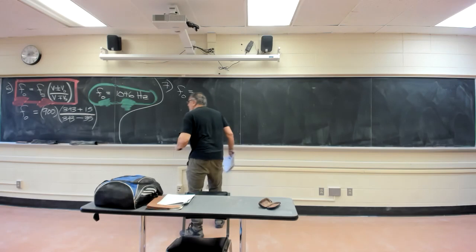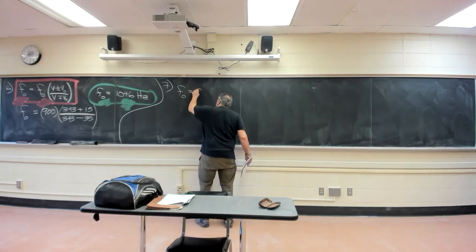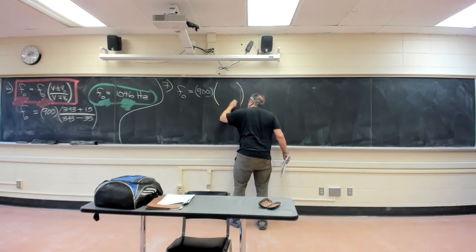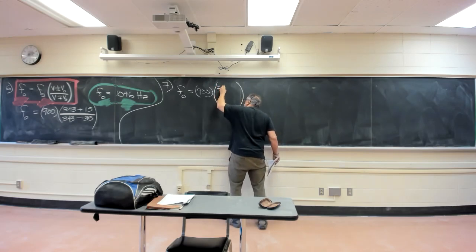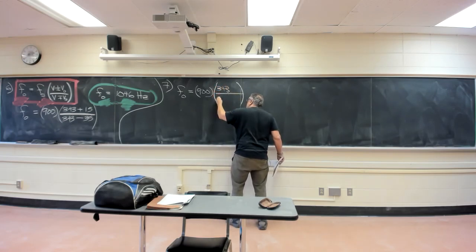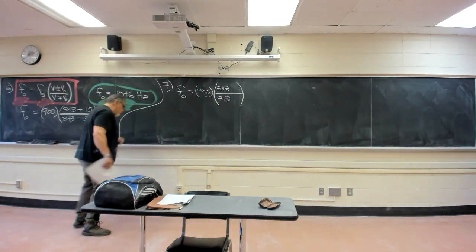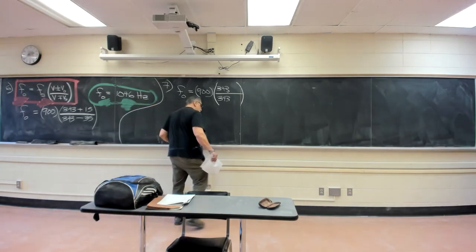FO equals the 900 we're talking about, again. But here's the difference. I mean, 343 and 343 remain the same. That's the speed of sound in air for our purposes at particular temperature and other things under consideration.